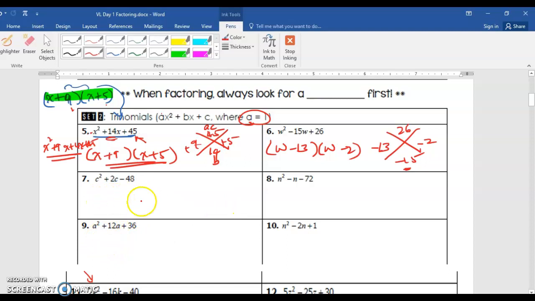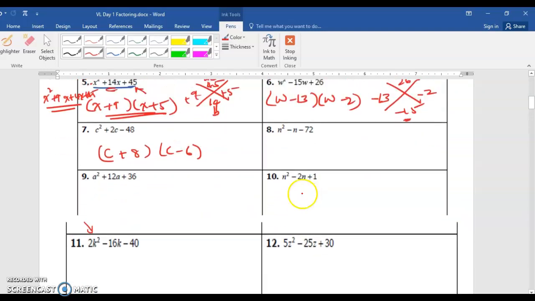And likewise, here c plus 8 and c minus 6. That's it. So you really don't have to do this, but once you find that 48 is 6 times 8 and 8 minus 6 is 2, you really don't have to do the X method. Okay, I'll leave the 8th one to you.